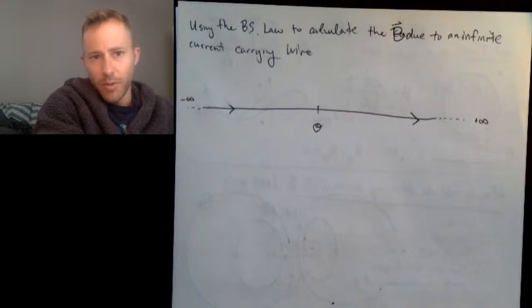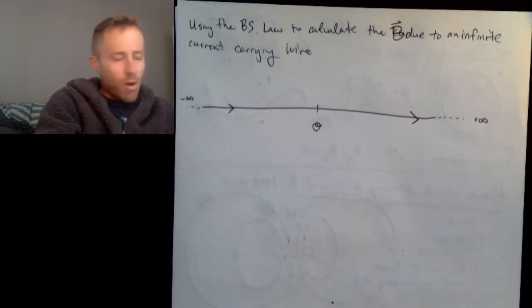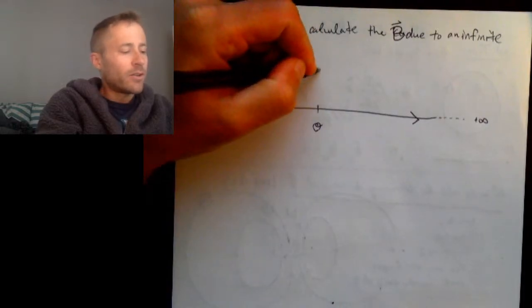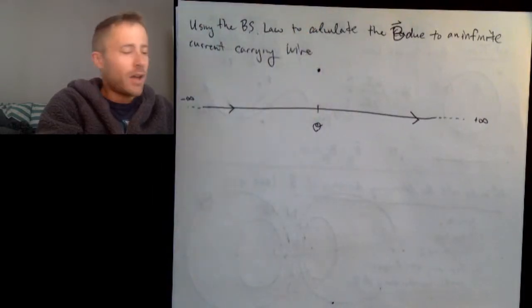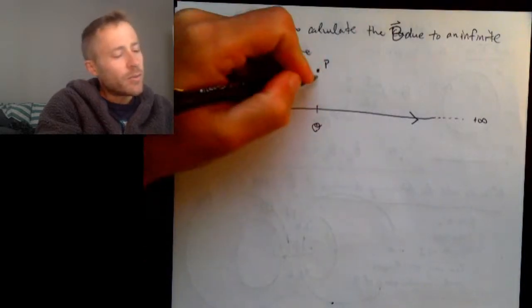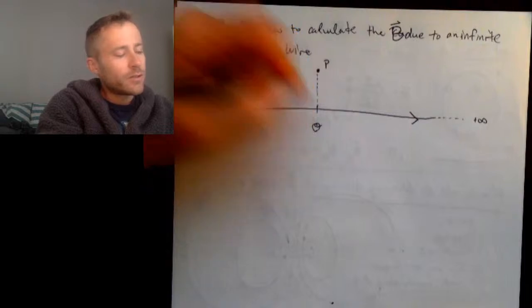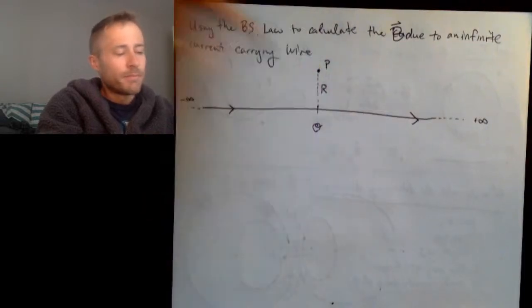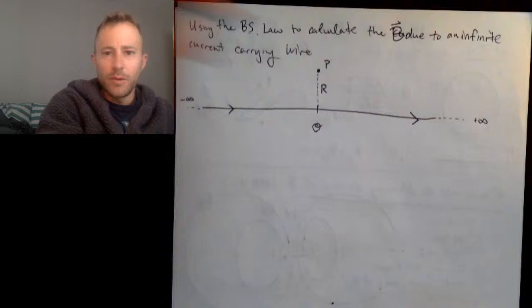So we're going to have an improper integral in the house. All right, and we want to calculate the magnetic field right here at the point P. And let's say that the point P is a distance, big R, above the origin.